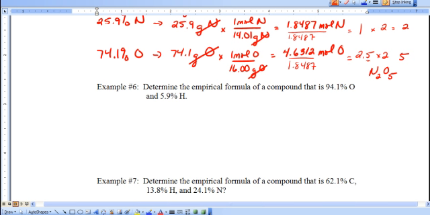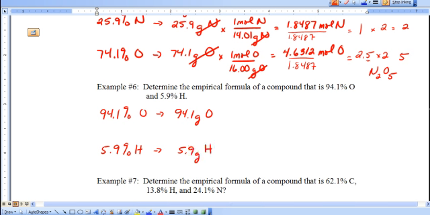If you have 94.1% oxygen and 5.9% hydrogen, again, assume that you have a 100-gram sample, which means that you will have 94.1 grams of oxygen and you'll have 5.9 grams of hydrogen. Now again, why can you pick a 100-gram sample? Because you can pick any type of a sample that you want. It's just that this gives you the easiest calculation from the mass percent to the number of grams.